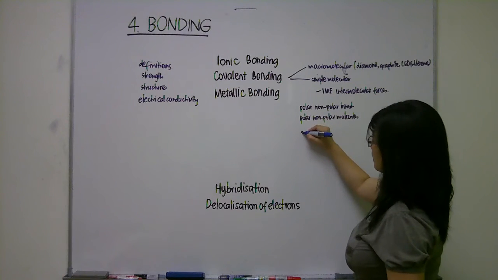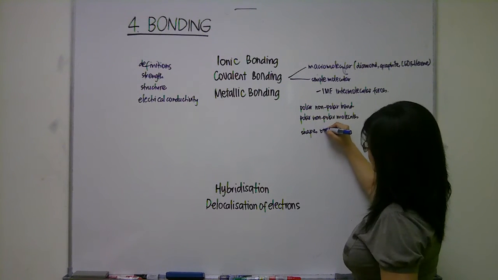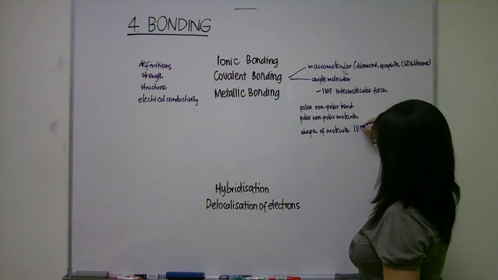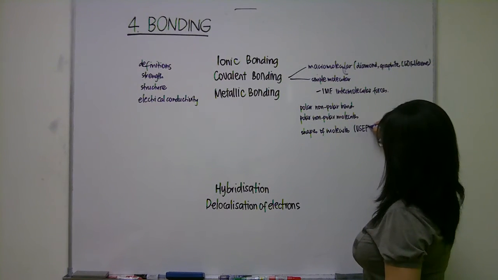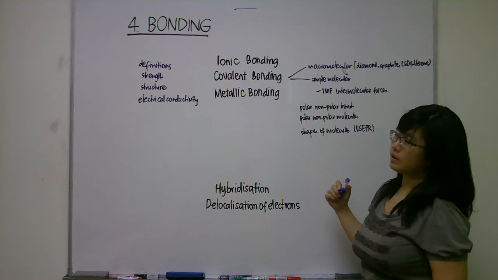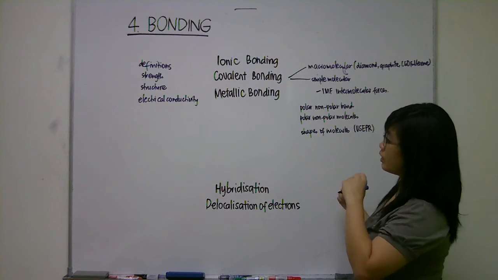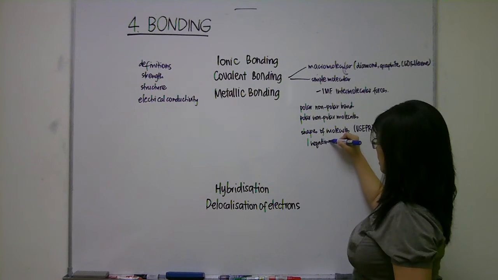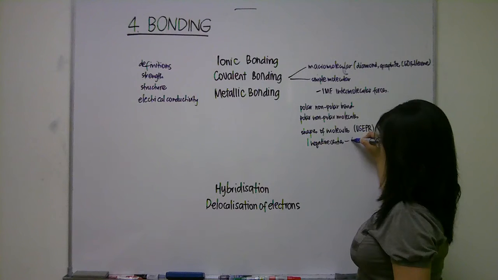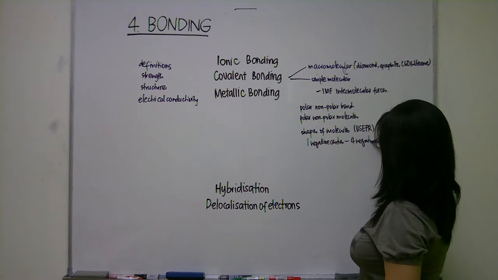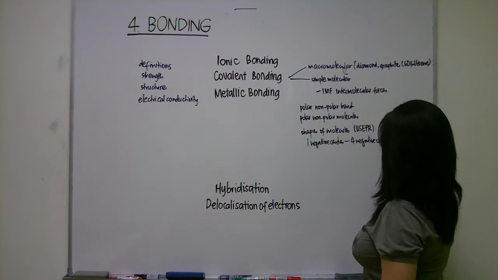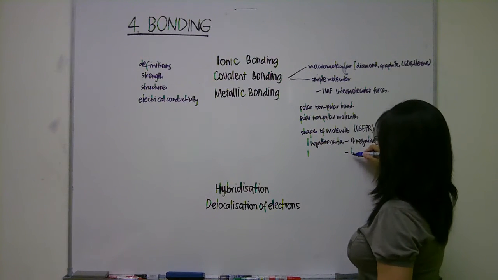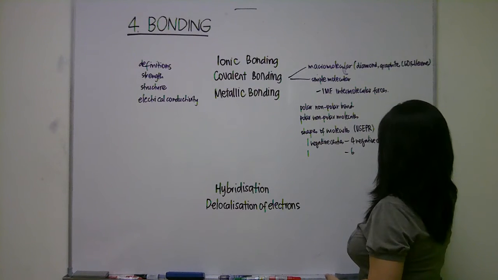Then you also need to be talking about the shapes of molecules. So here we are going to be discussing the VSEPR theory. For SL, it will be from 1 negative center to 4 negative centers, and 1 to 6 for HL.